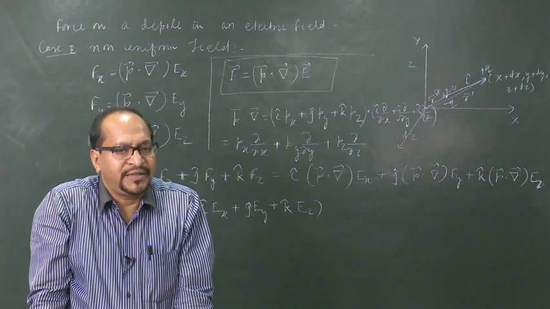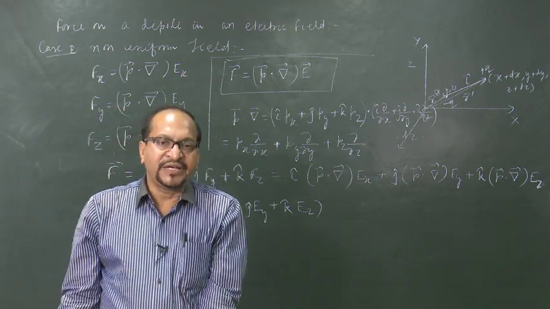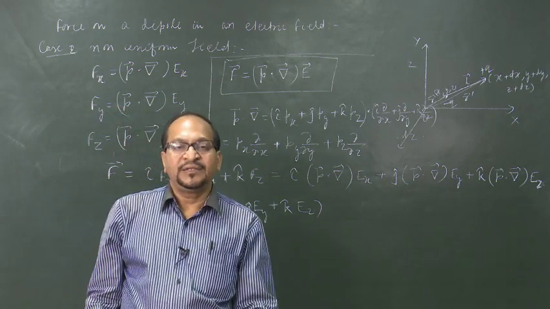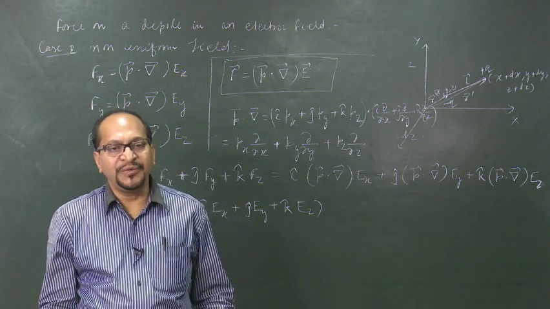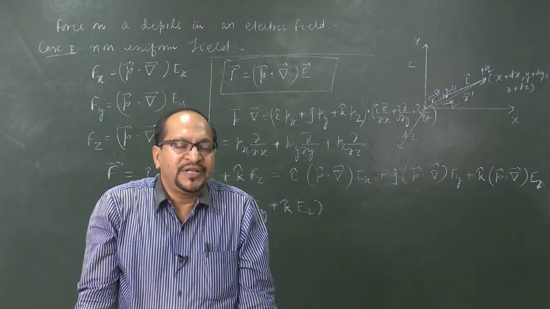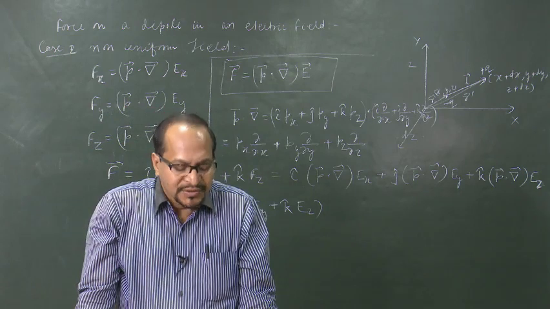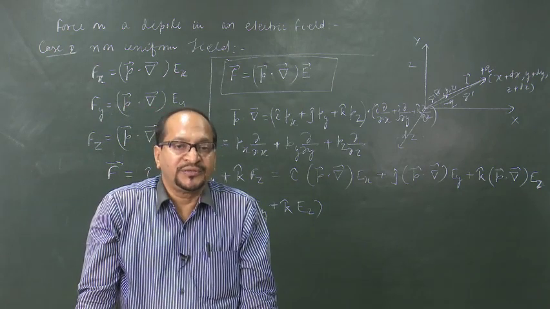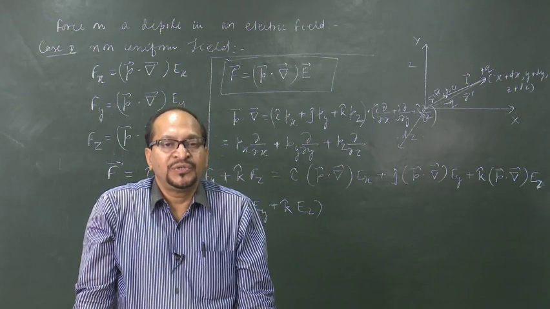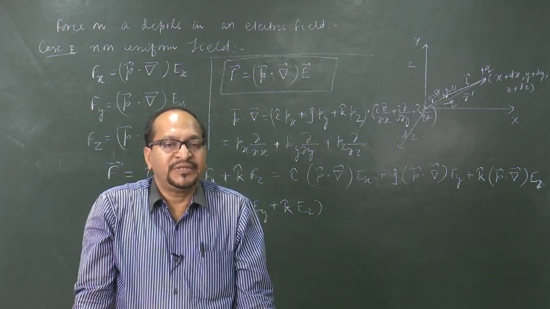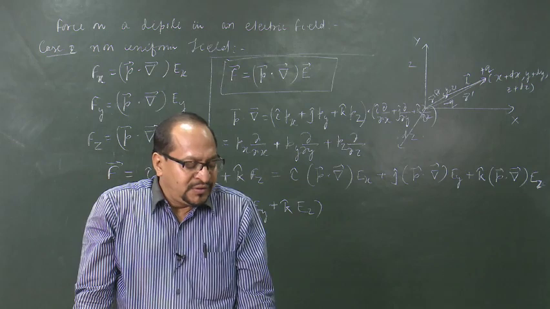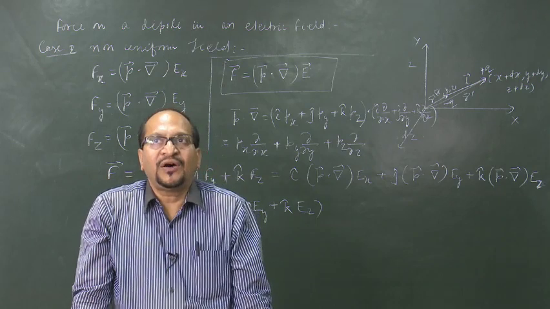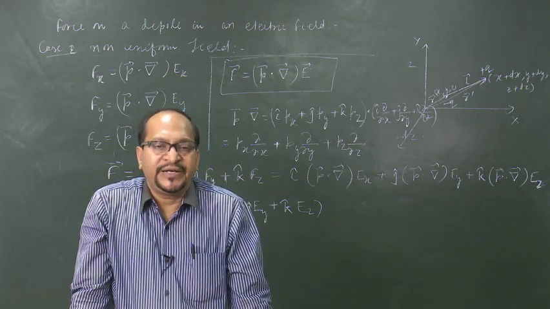So, we conclude that in case of a uniform electric field, a dipole experiences net zero force, but it experiences a net torque which tends to rotate the dipole in the direction of the field. When the dipole is placed in a non-uniform electric field, what happens?